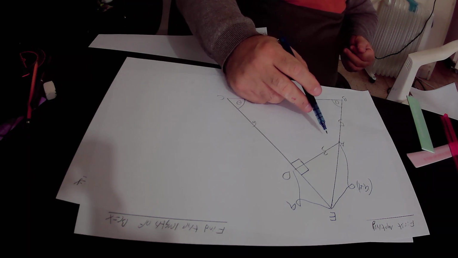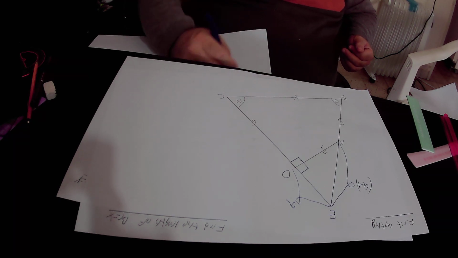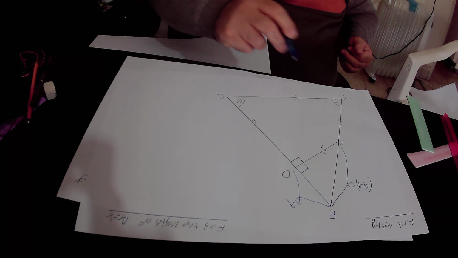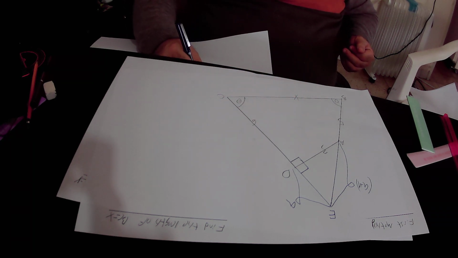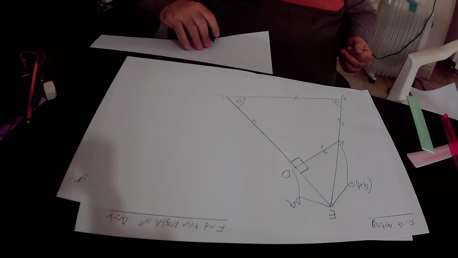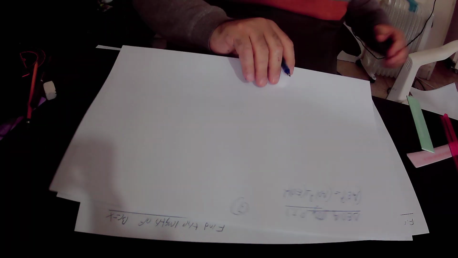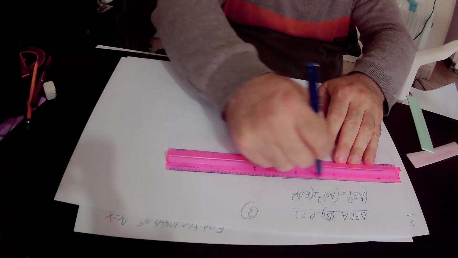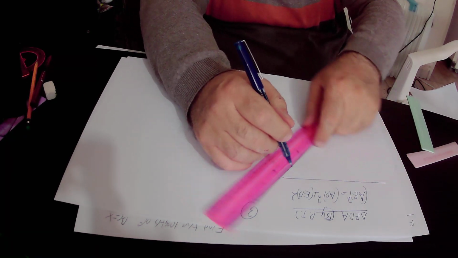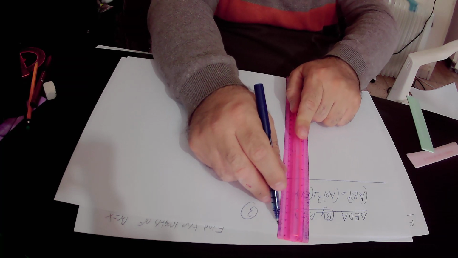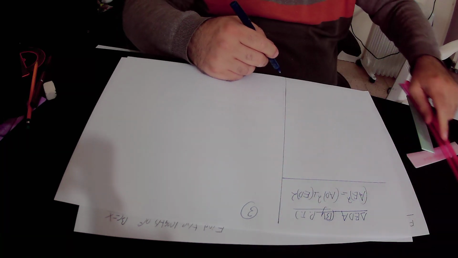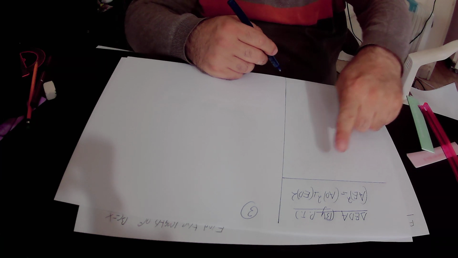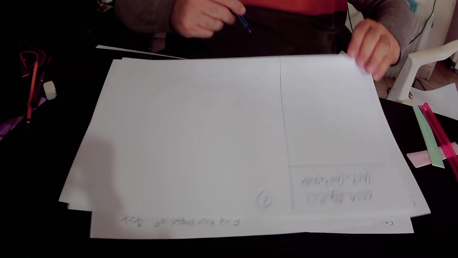That is to say, it must be equal to AD squared plus ED squared. I'll repeat again. According to the Pythagoras theorem, in the right triangle EDA, the square of the hypotenuse equals the sum of the squares of the perpendiculars. That is to say, AE squared equals AD squared plus ED squared.